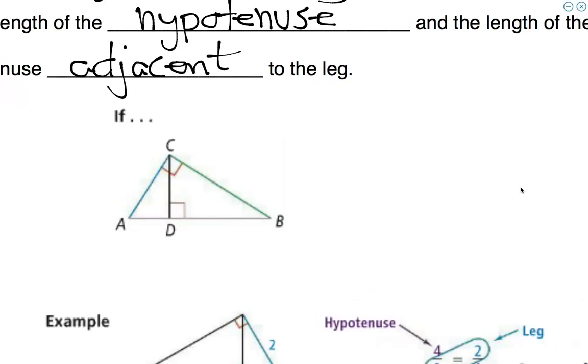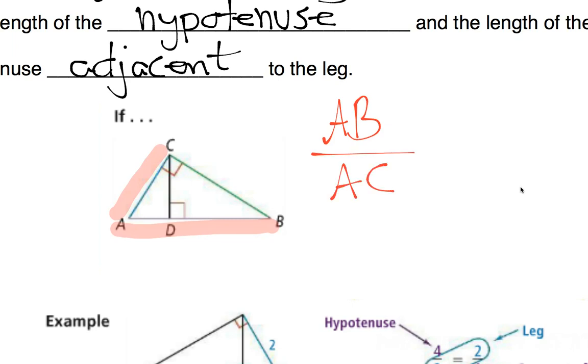So you have the hypotenuse over its leg. So AB, the big hypotenuse, over the big triangle's leg, but this big triangle's leg is also the hypotenuse of the small triangle.